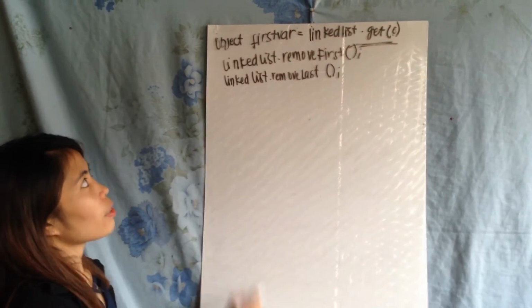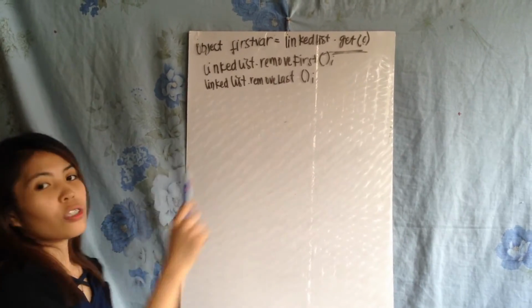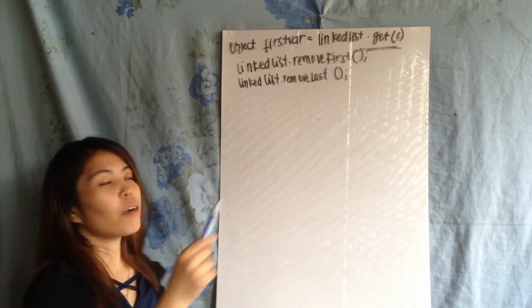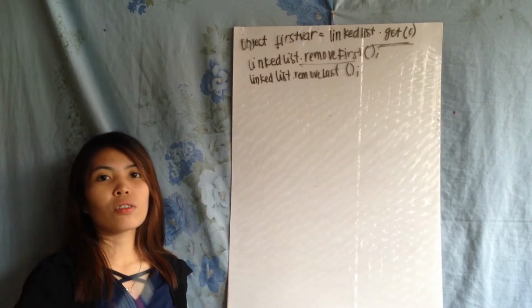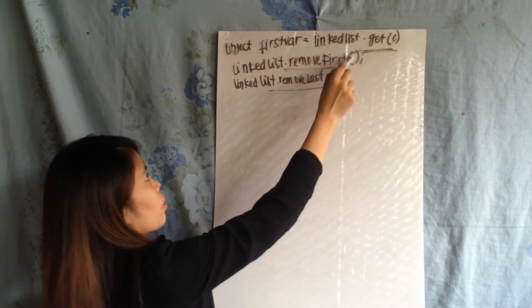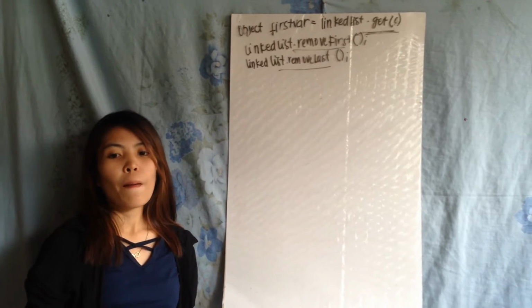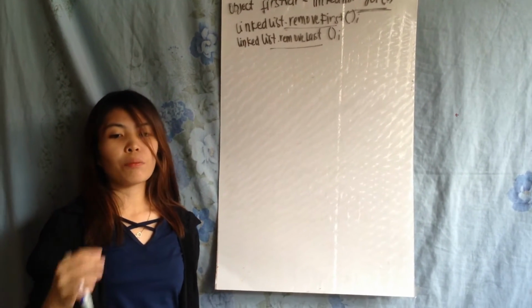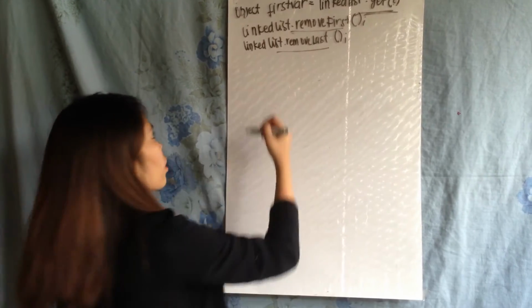Para ma-remove natin yung first dun sa element natin, gagamit tayo natong removeFirst. And para ma-remove naman natin yung gusto nating last element, gagamit tayo ng removeLast, open and close parenthesis, semicolon. And yung sunod, para maipakita natin siya sa output, kailangan natin gumamit ng System.out.println. So, magiging ganito.